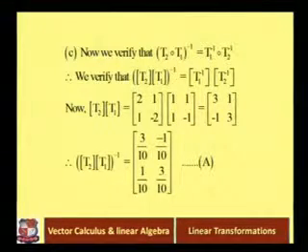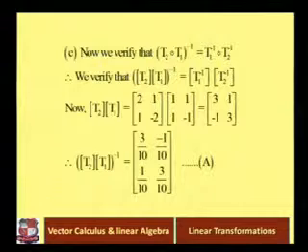For that we have to verify that the inverse of the standard matrix of T2 multiplied with the standard matrix of T1 is equal to the standard matrix of T1 inverse times the standard matrix of T2 inverse.